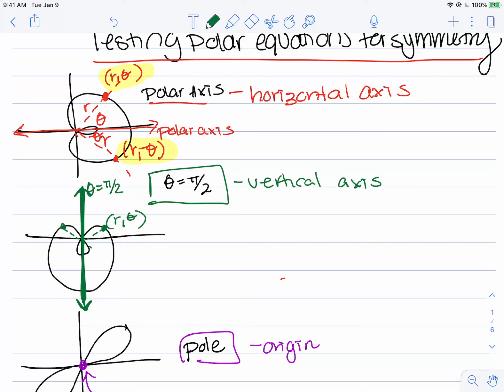What would be another way of writing the second point over here? It would be the same as flipping theta, right? Negative theta, and then making the r value what? How do I get it to the second quadrant? Negative. Very good. So that's what's important. So write that down. If you have point r theta, you're going to have the point negative r negative theta.